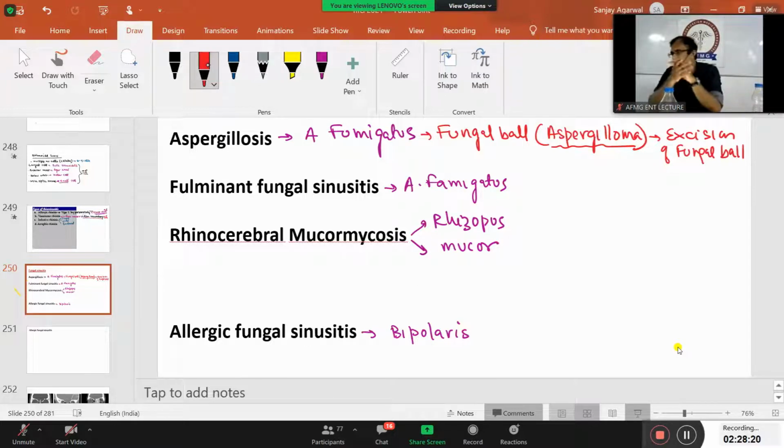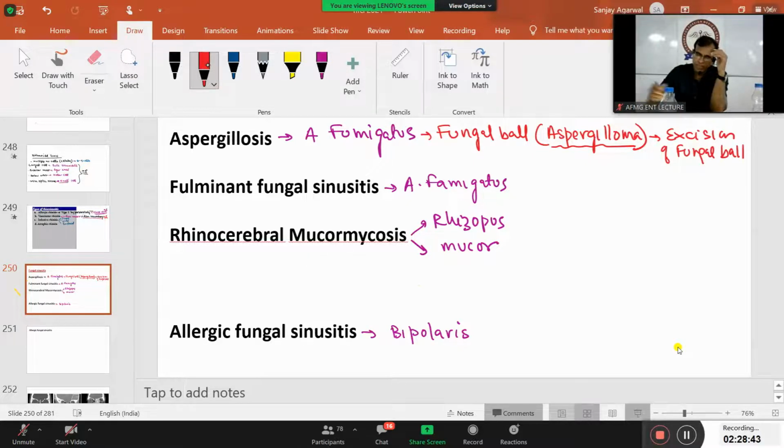The next disease is fulminant fungal sinusitis caused by the same pathogen, fumigatus. And the third one is rhinocerebral mucormycosis. This is either caused by a rhizopus or a mucor. So the second and third are different diseases caused by different funguses.